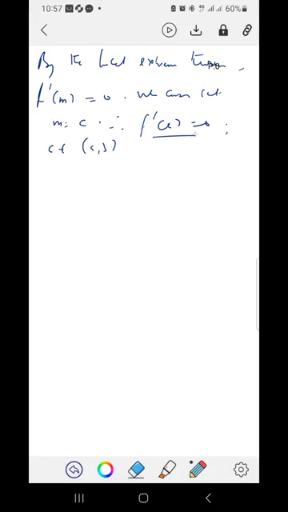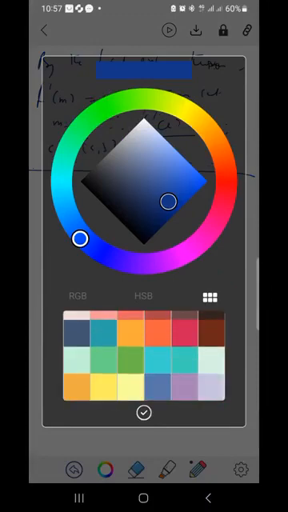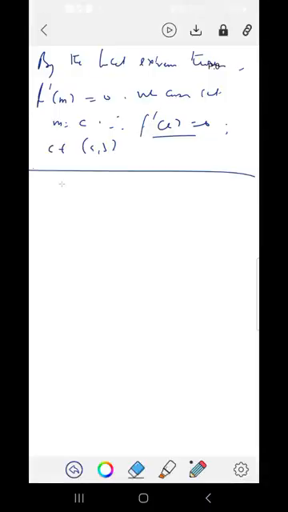In a nutshell, we divide the proof into three. Let me just call this the recap of the proof. We divide it into three.